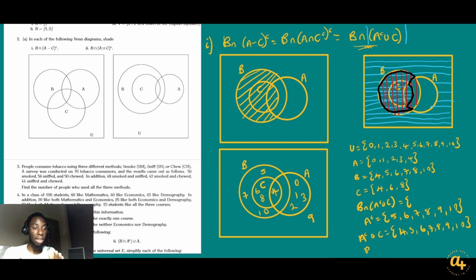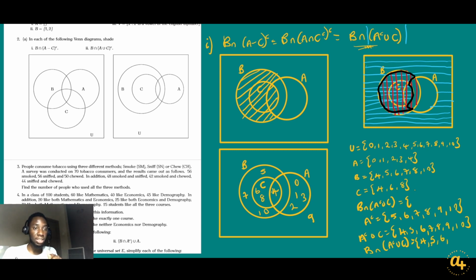Now let us find the set B intersection A complement union C. What is common between the set B and the set A complement union C? If we pay close attention to the elements in A complement union C and the elements in the set B, we're going to see that 4 is common in both sets. 5 is also common in both sets. And 6 is also common in both sets.